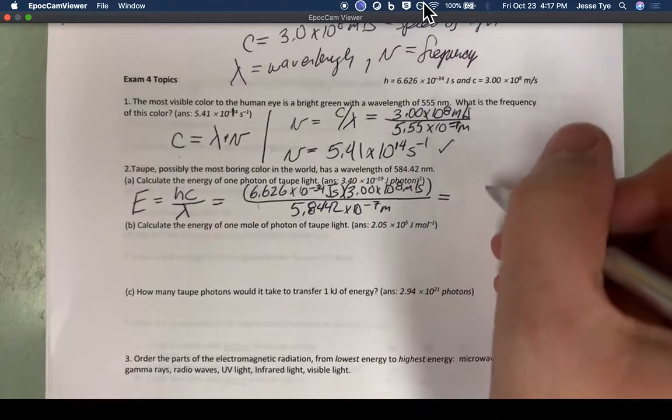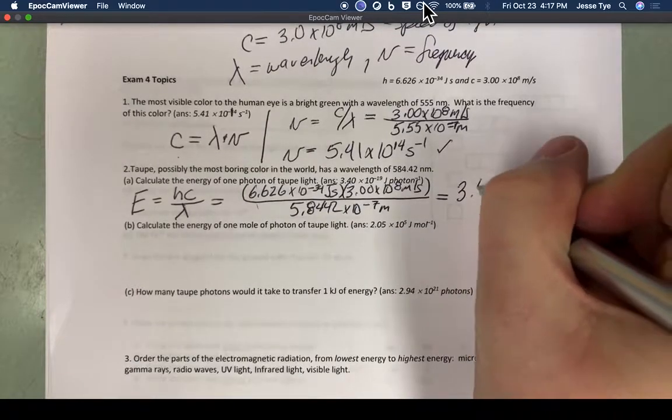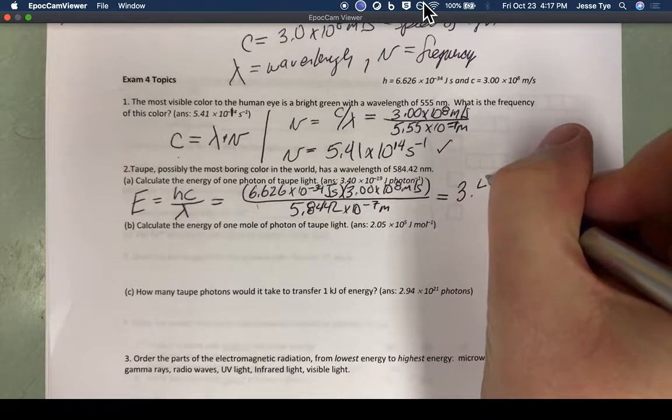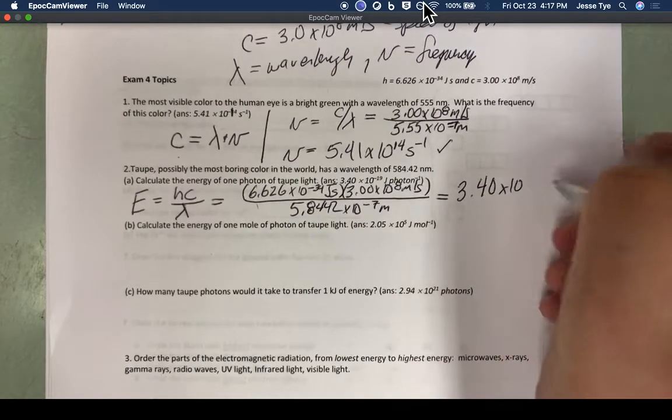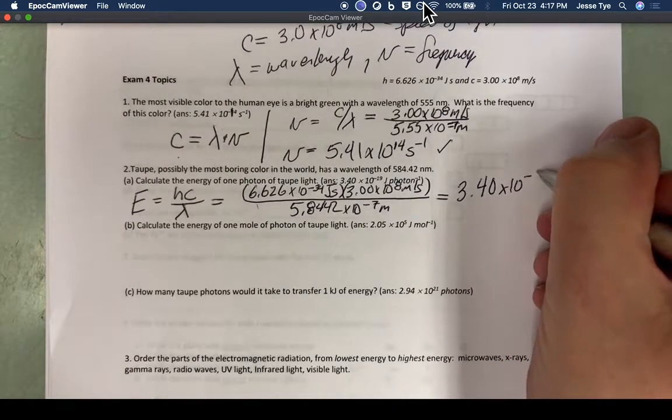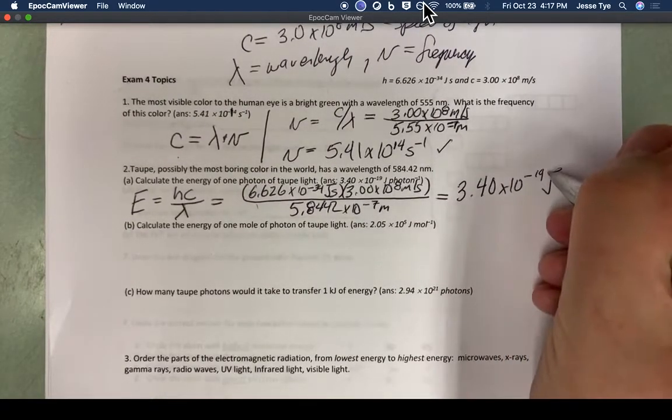Okay, and I get an answer here of 3.40 times 10 to the minus 19th joules.